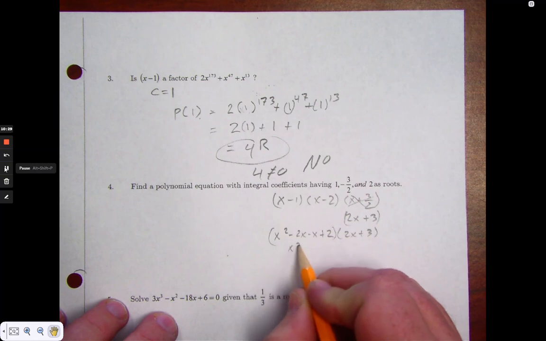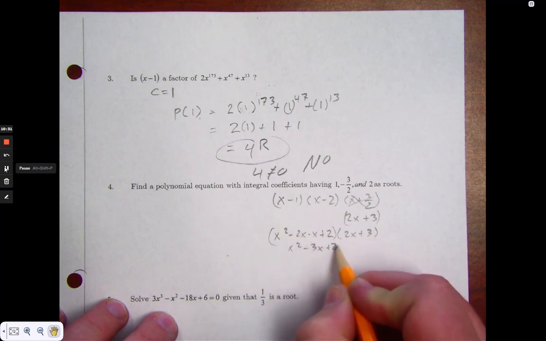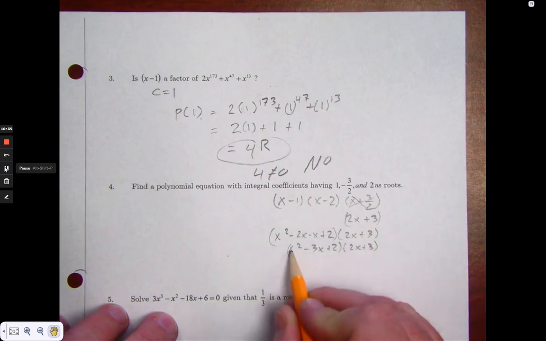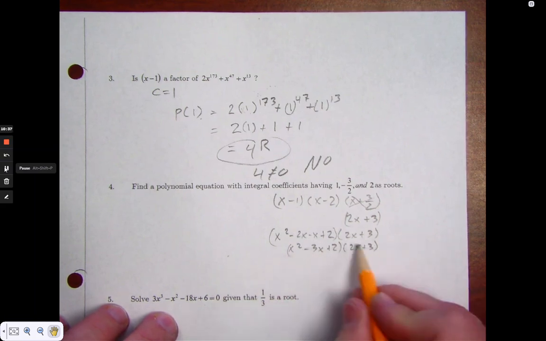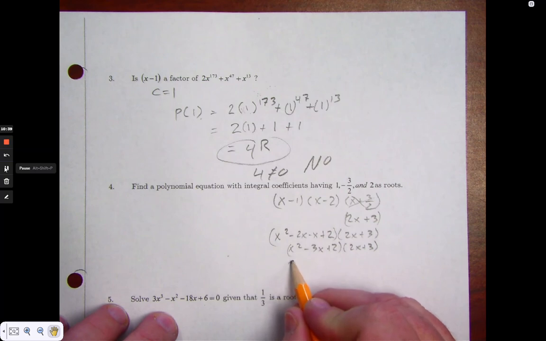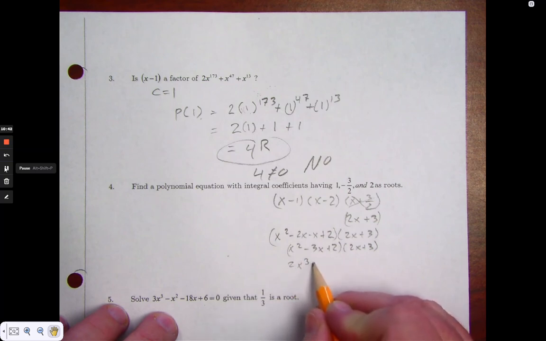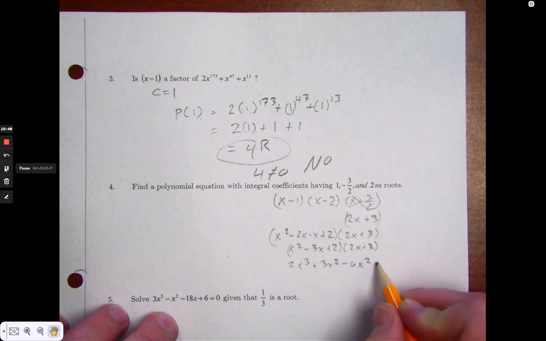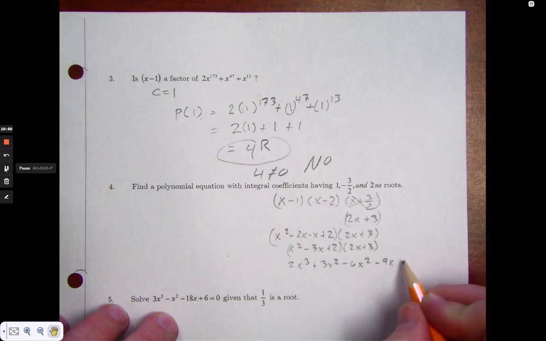So that's really x squared minus 3x plus 2 times 2x plus 3. And then when we multiply each thing in here by each thing over there, it's going to give us 2x cubed plus 3x squared, and then minus 6x squared minus 9x plus 4x plus 6.